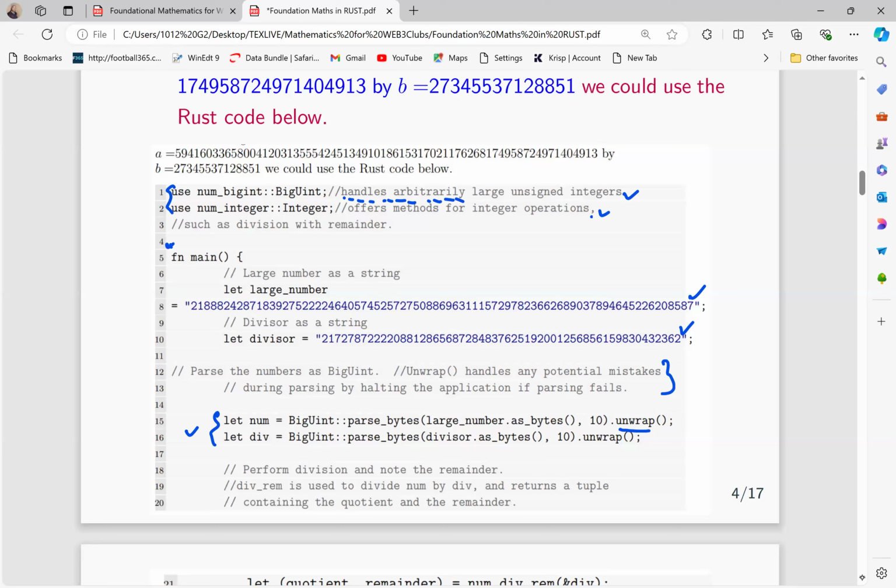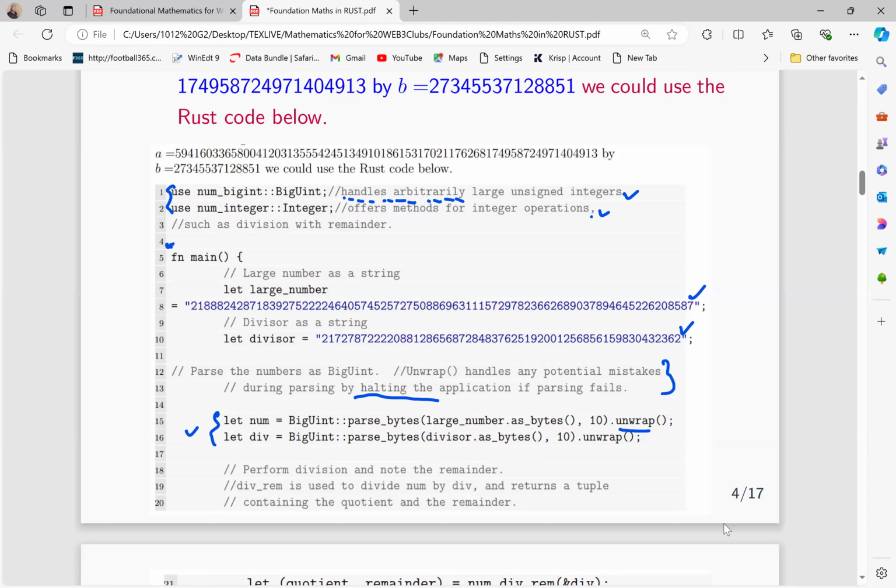If there is a mistake that the program will notice, then it's supposed to stop. It holds the application, and that means the code fails. It will not give us results.